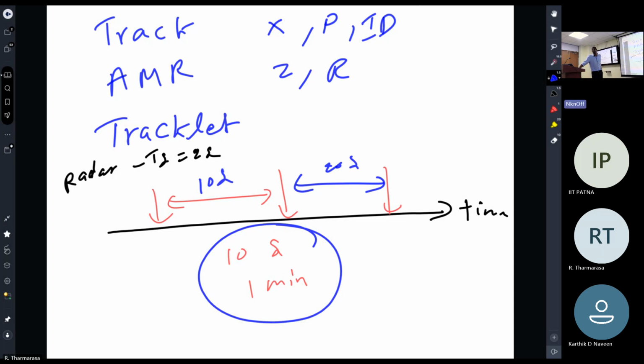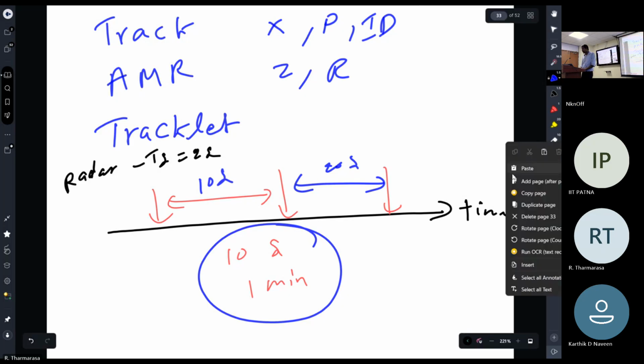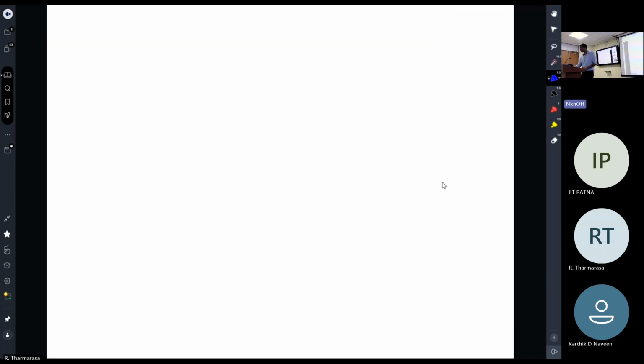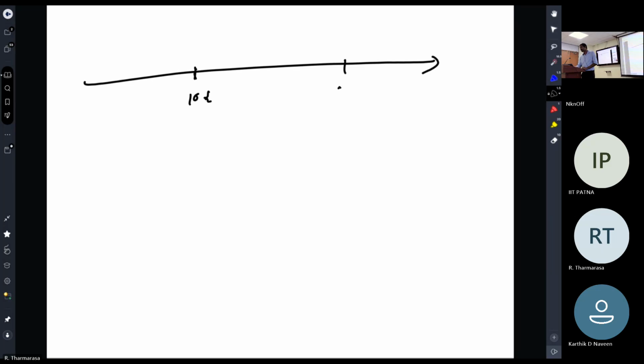Now we are going to talk about tracklet. The idea of tracklet is not that hard. Let's say the radar sampling time is 2 seconds. We communicate here and here.